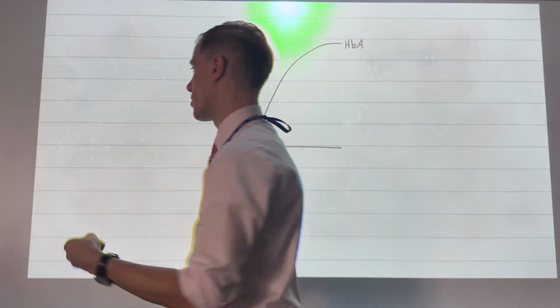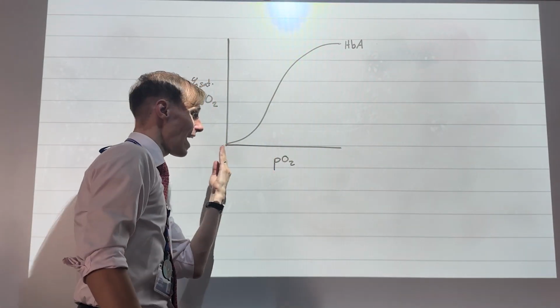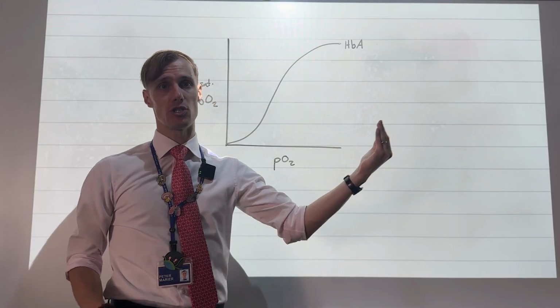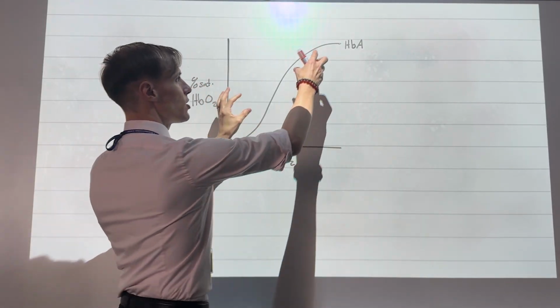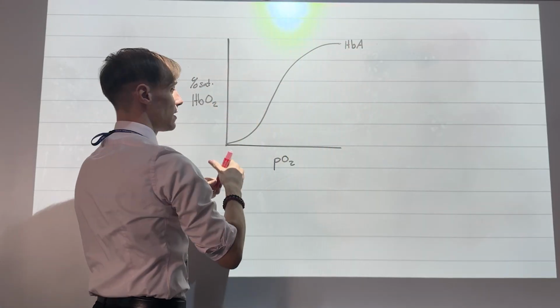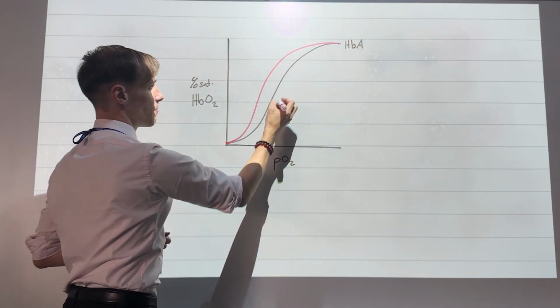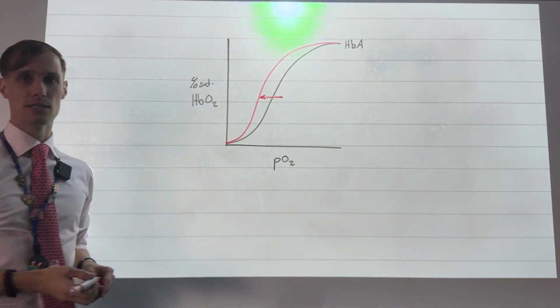So fetal hemoglobin, as we mentioned, has a higher affinity for oxygen at every partial pressure of oxygen. So in effect, it's like you're taking the curve and you're shifting it to the left. So you might see a curve that looks something like this.